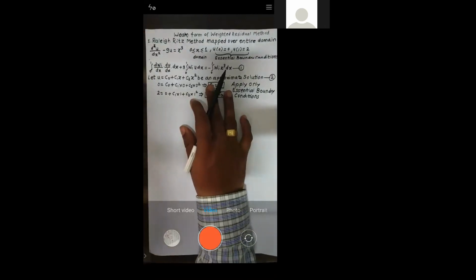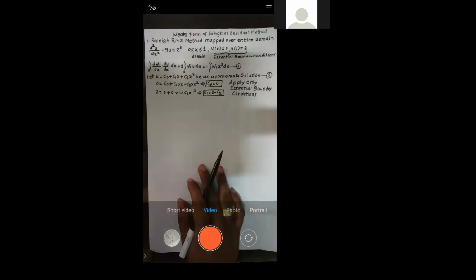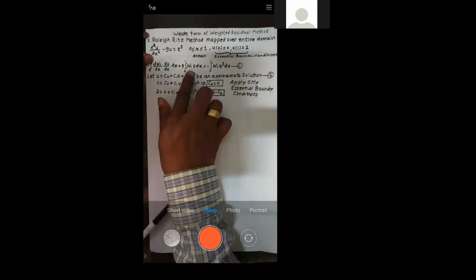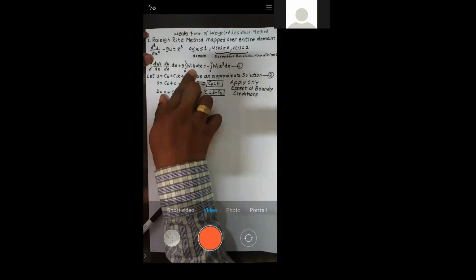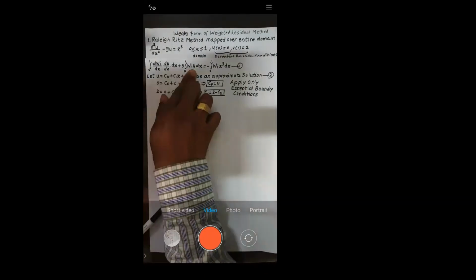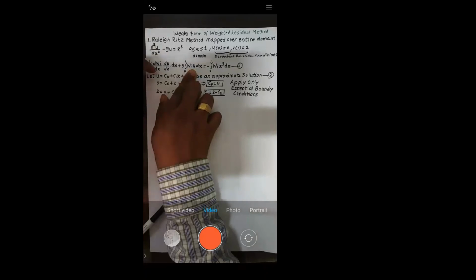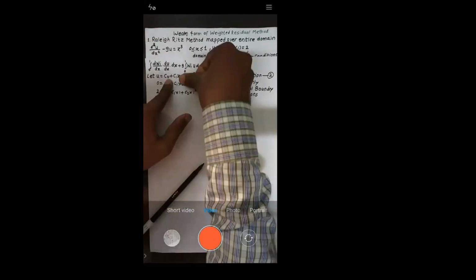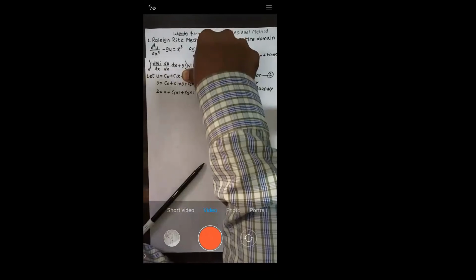You said that if we take C3, it will be more approximate and more accurate, so I will come to that. See, what is expected minimum? If you solve this problem only by taking C0 plus C1x, it will give an answer, but that answer is not very close to the exact answer.